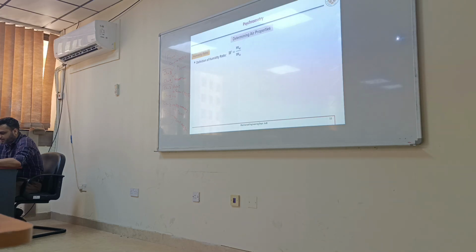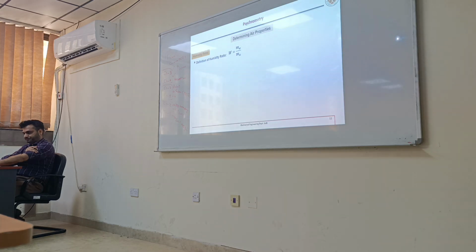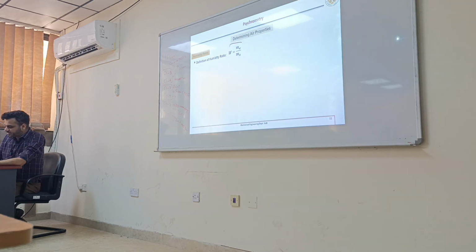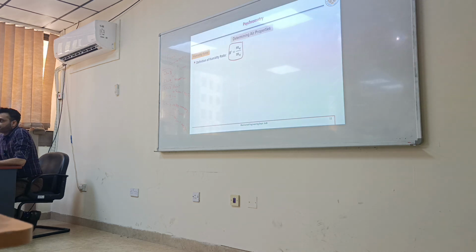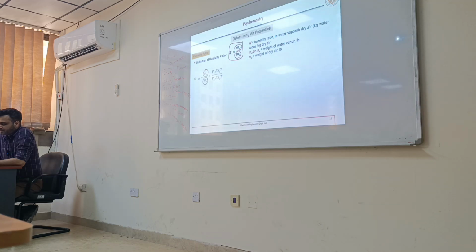Now let's define again those specific humidity, relative humidity in terms of equations. First we understood its definition, now let's write its equations. That was specific humidity, mass of water vapor per unit mass of dry air. Now I can replace this m of w and m of a using that ideal gas equation, mass of water vapor or mass of air.